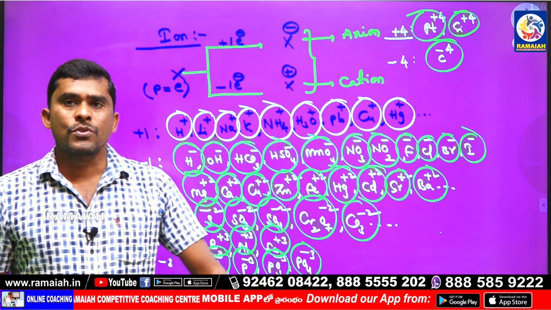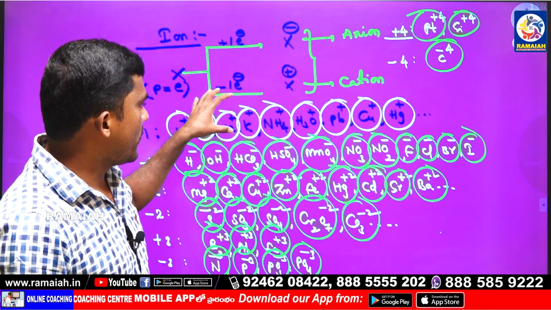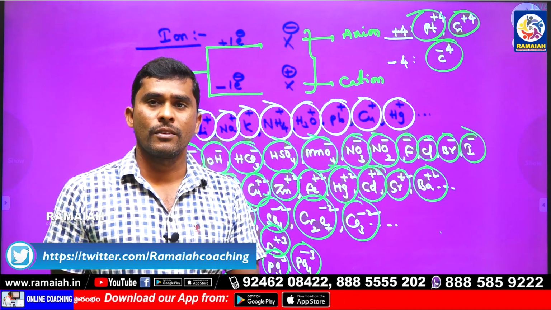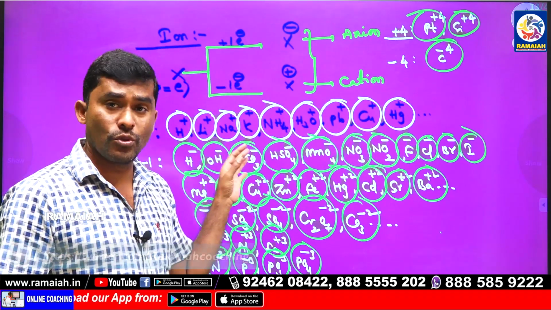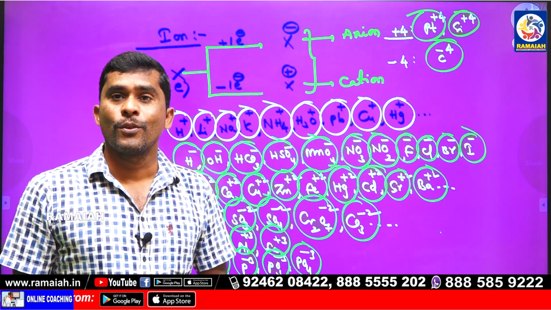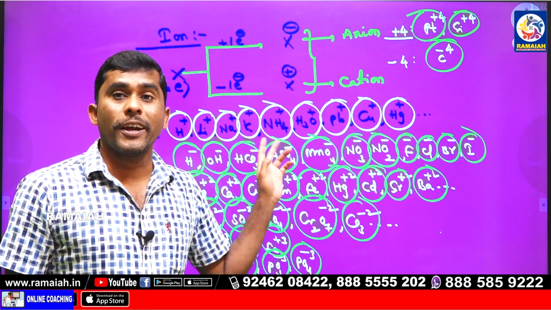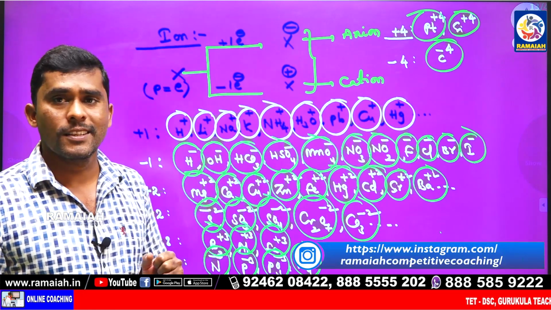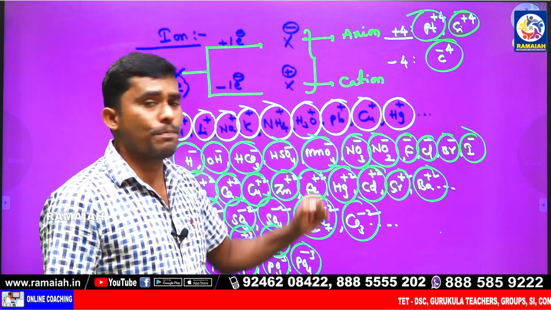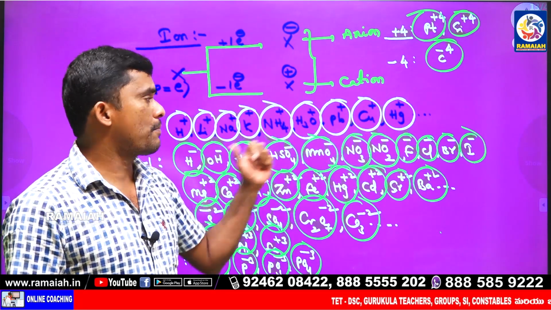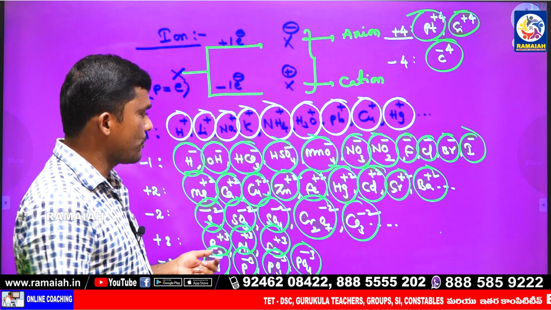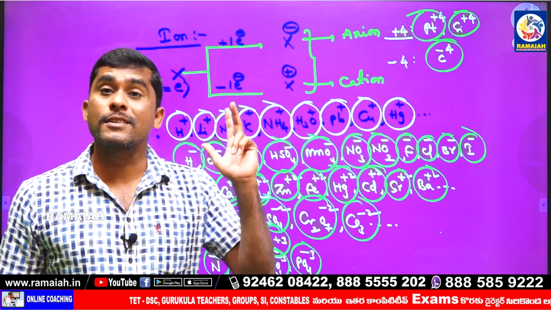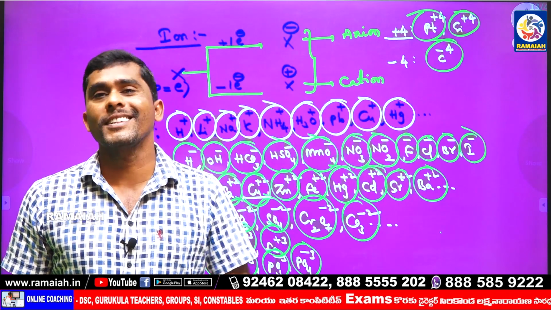Okay. So when we observe all these ions, we identify two things here. One is copper, here Cu plus, and here also Cu plus 2. So copper has two oxidation states.